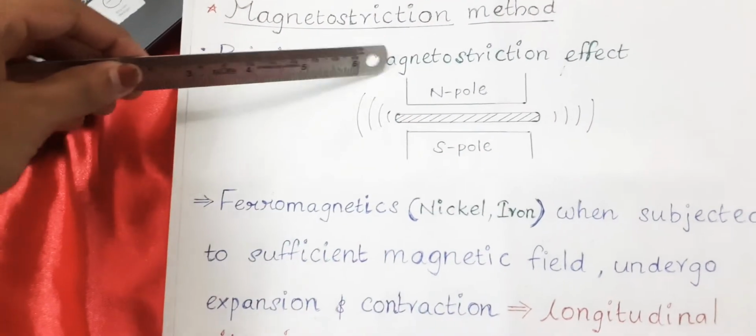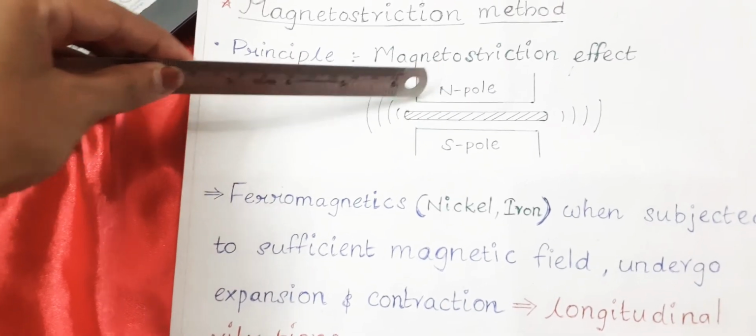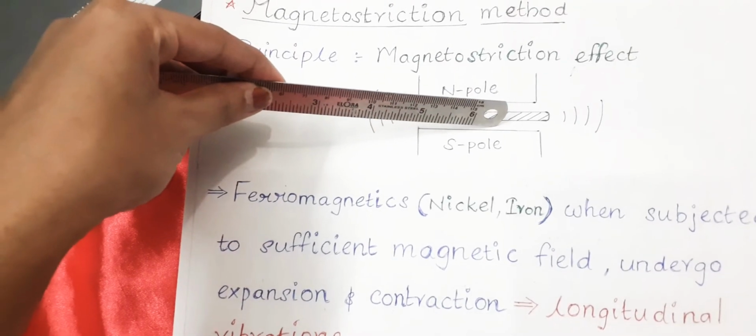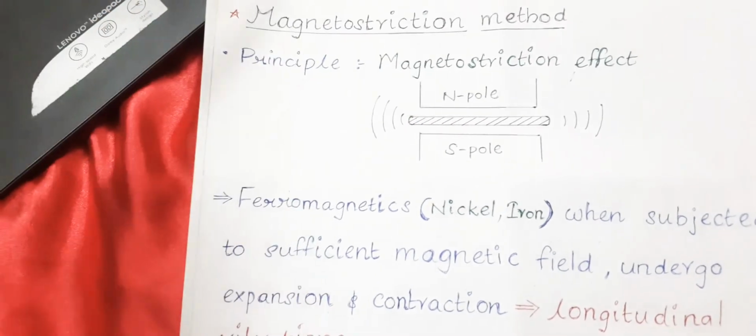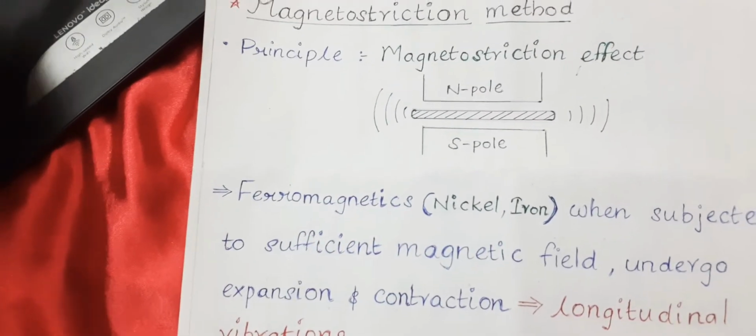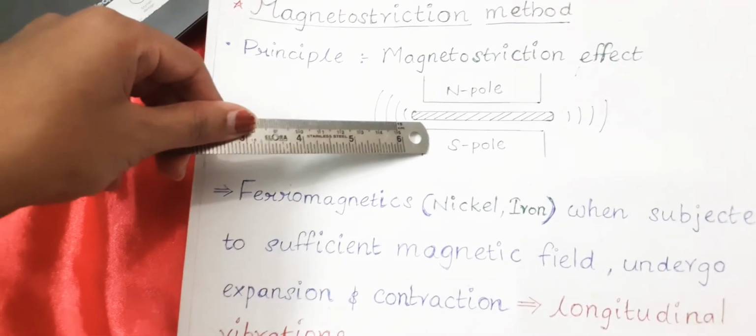Now, if the applied magnetic field is alternating, that is, an alternating magnetic field is applied along the length of the ferromagnetic material, then the rod will vibrate rapidly according to the frequency of the alternating magnetic field.